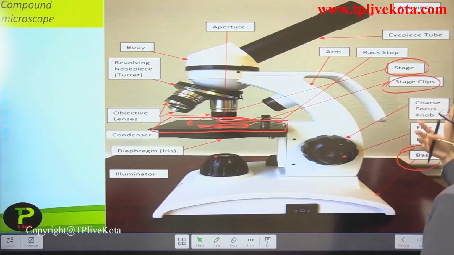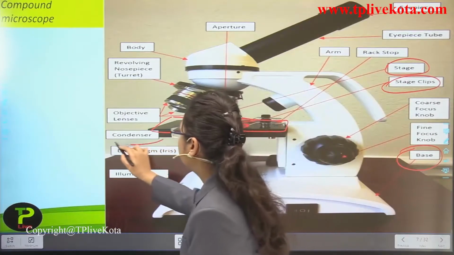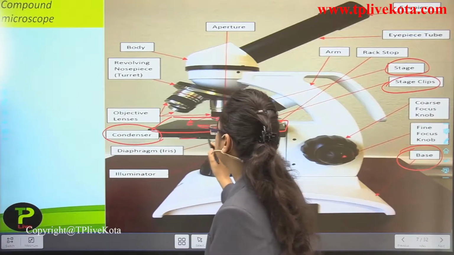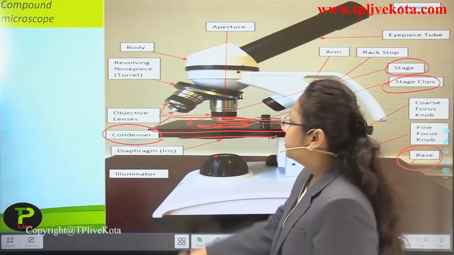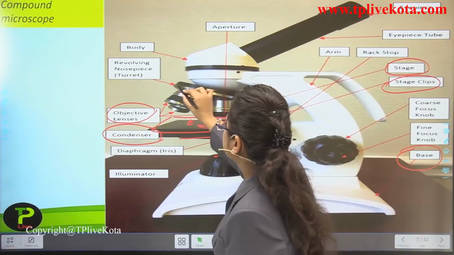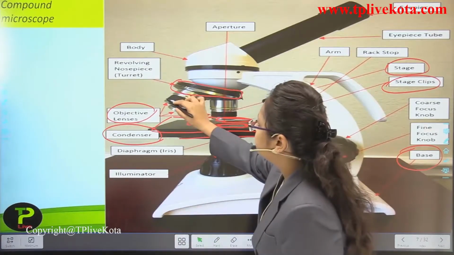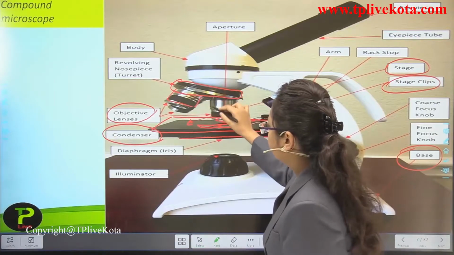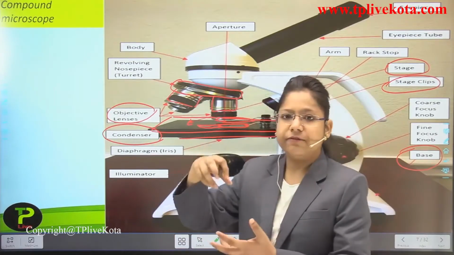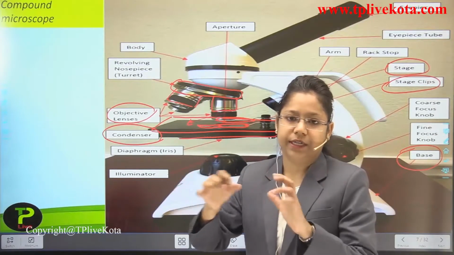Now if we move on, then we can see here the condenser. This is the condenser part over here. Okay, the objective lenses are put on this nose piece. This is the nose piece over here on which these lenses are put. They have a fine focusing over the object. We can change the lenses according to the slide.